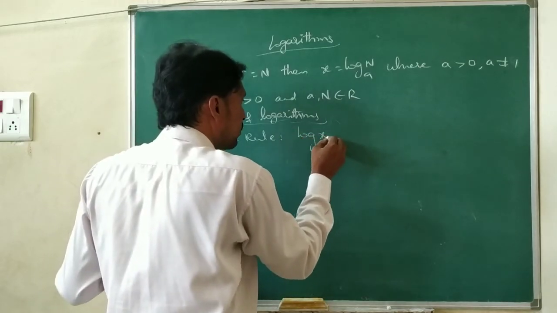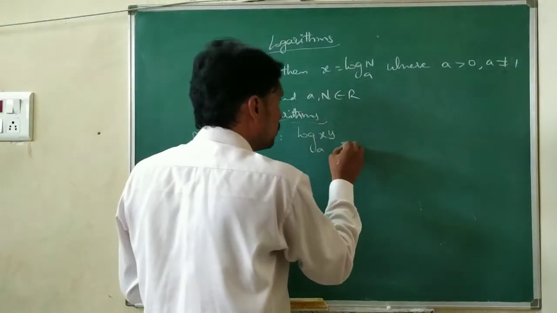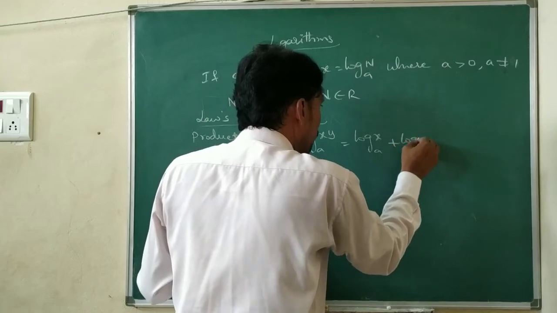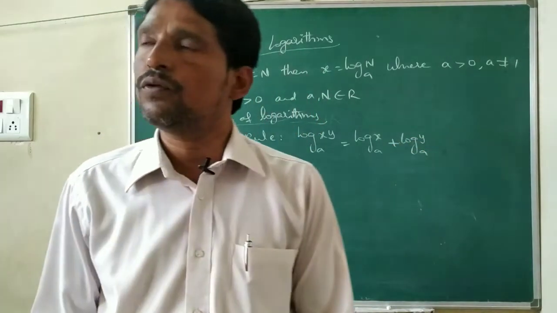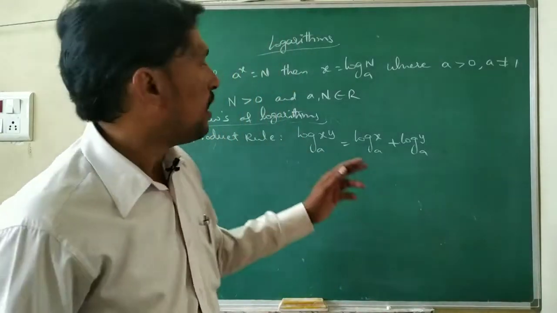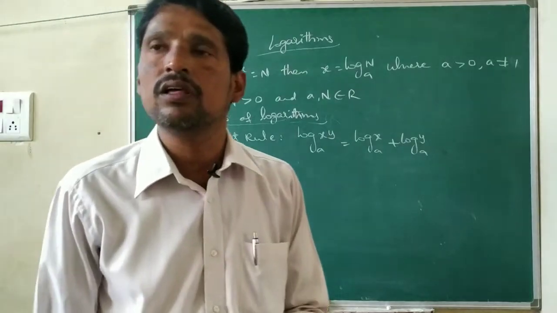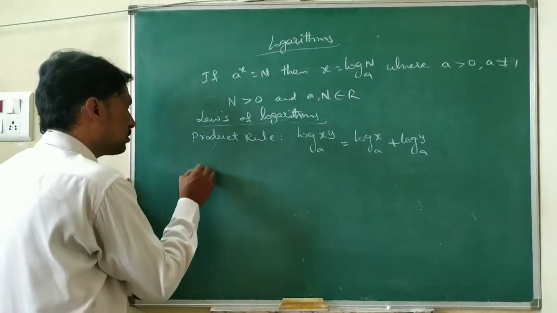Log xy base a equal to log x base a plus log y base a is called the product rule or first rule.